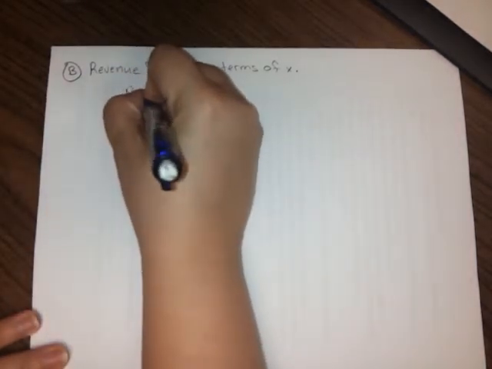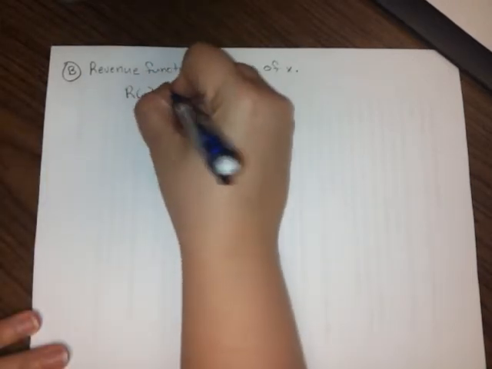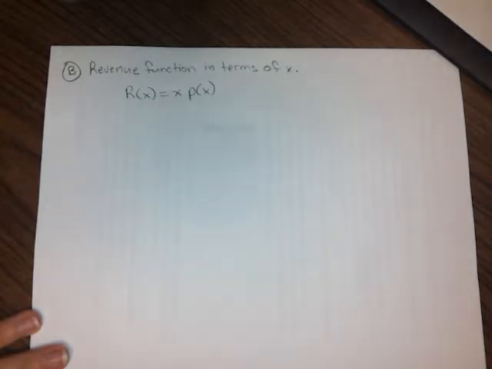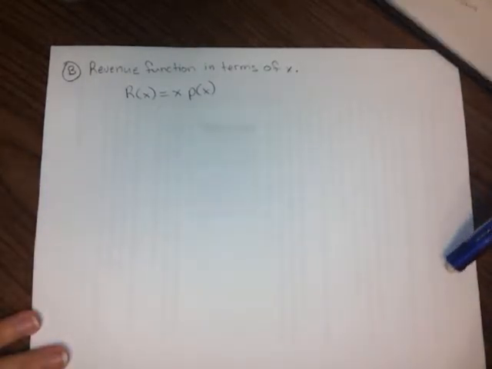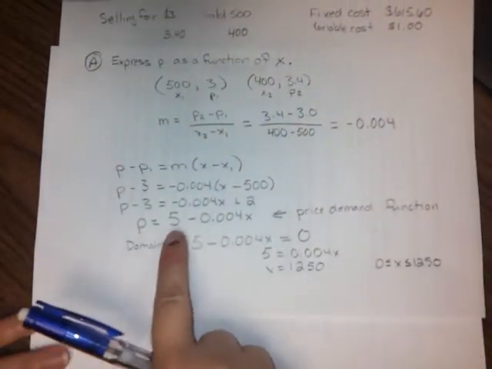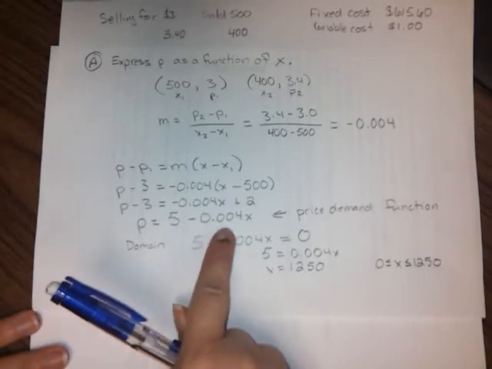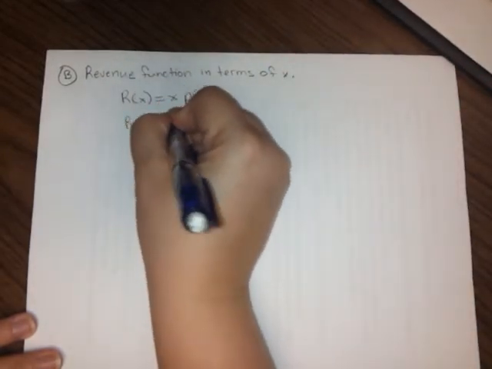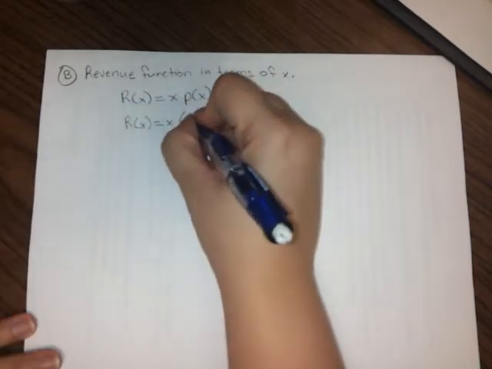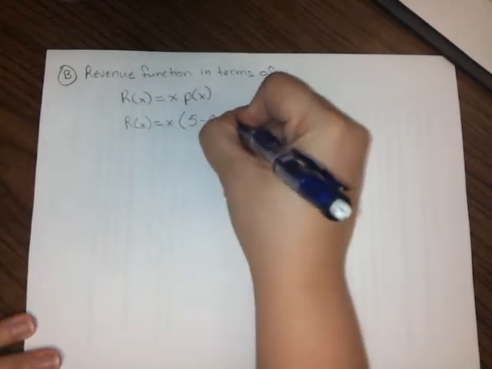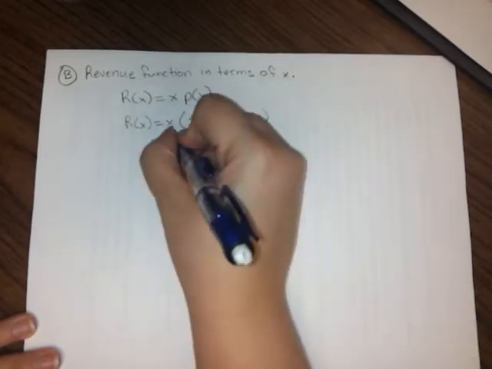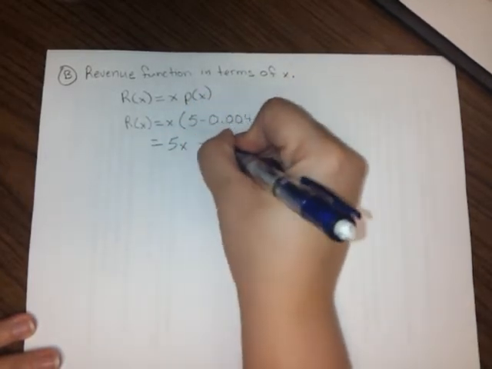The formula is just going to be that the revenue function equals x times that price-demand function that we just found. Okay, and the price-demand function was P equals 5 minus 0.004x. So we're just going to do R of x equals x times exactly what we found, that 5 minus 0.004x.